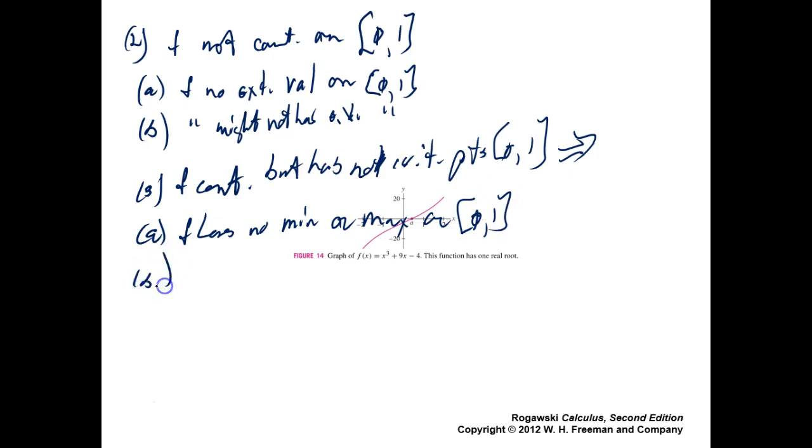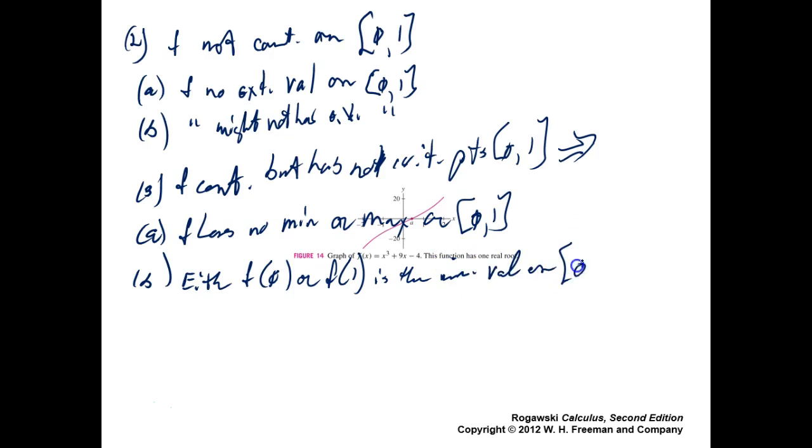Or B, either f of 0 or f of 1 is a minimum value on 0, 1. Okay, what do you think? It says that f is continuous, but has no critical points on 0 to 1.